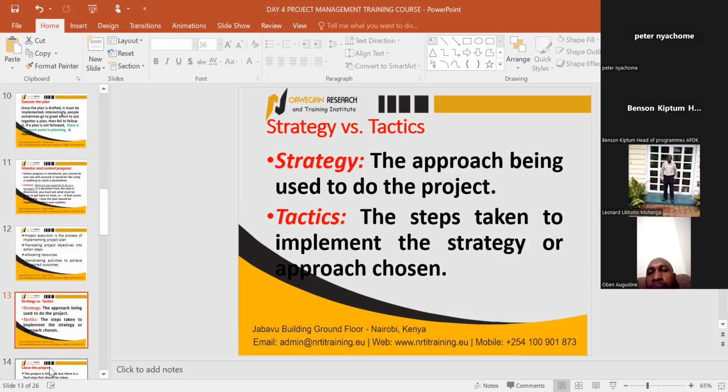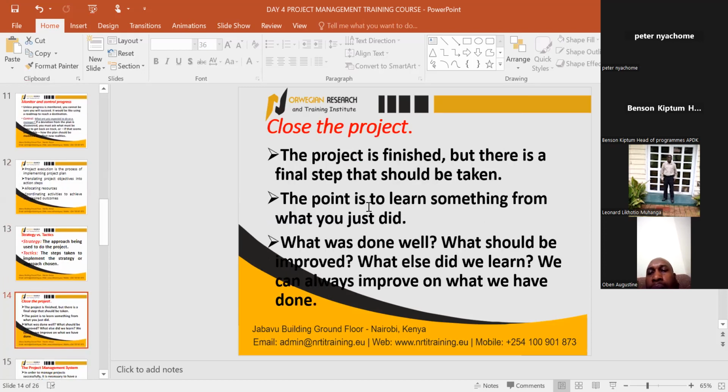And then finally, I talk about closing the project. Closing the project is very important and fundamental. It is at this stage that we celebrate our success. We hand over the project to the people who will be able to take it over. We even develop the manual.